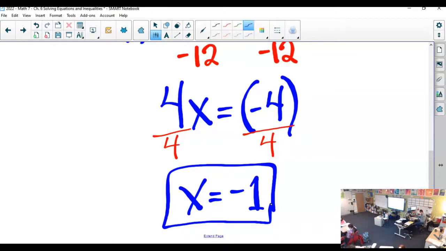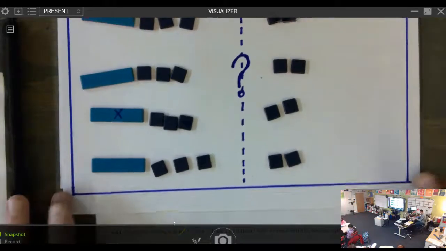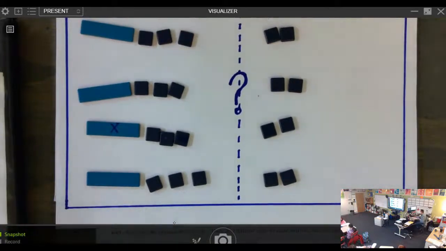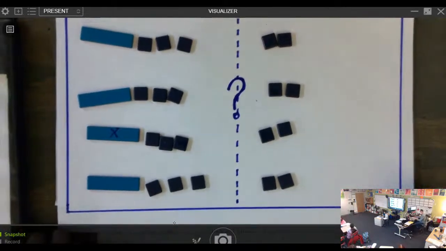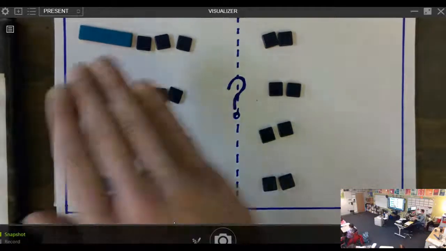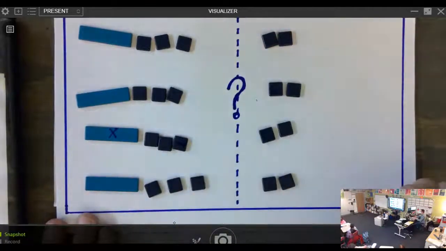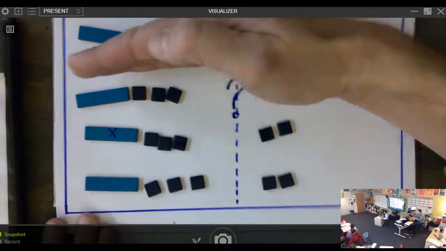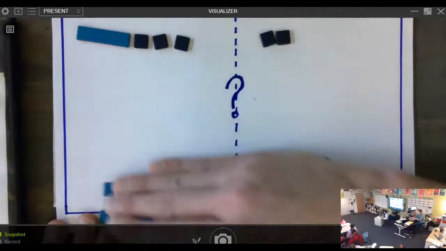So guys, let's do this on the mat, but watch what I do, because this is actually done on your paper. What John would have us do: divide everything by 4, and then we only have to look at one set.